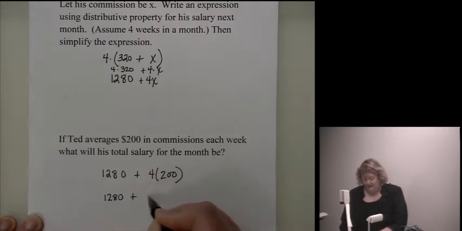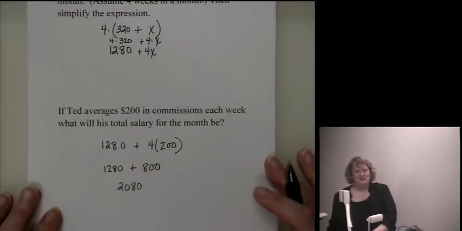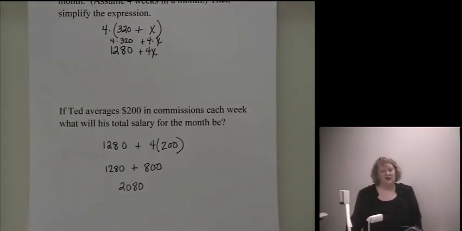Then we'll get 1,280 plus 4 times 200, which would be 800. Add those two together. And again, I'm using pre-done calculations here, but you take your calculator out or take time to write those out, and if we add those together, we get 2,080.